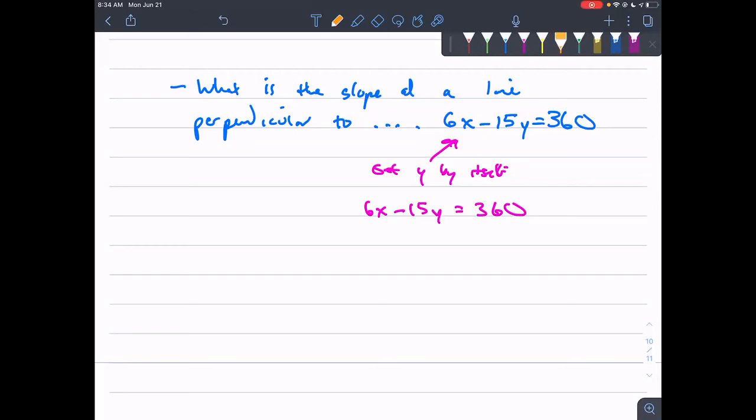We'll start with the 6x. So minus 6x on both sides. Negative 15y equals, again, I'm going to put the negative 6x first on the right. Negative 6x, and then plus 360.